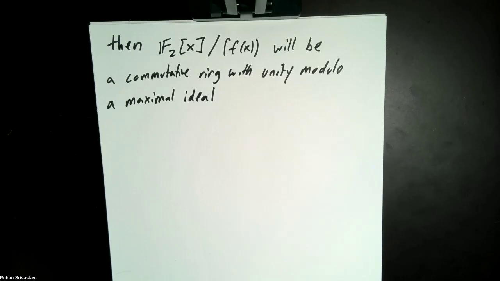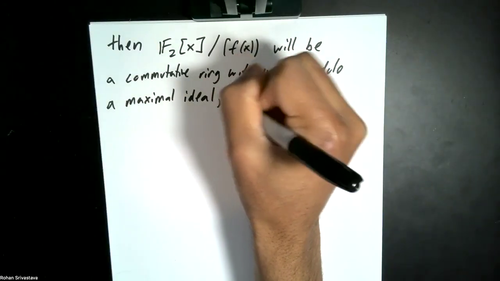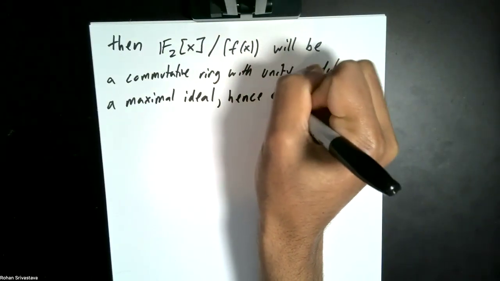So the ideal generated by f of x is a prime ideal. And then again, since it's in a PID, it'll be a maximal ideal. And a commutative ring with unity modulo a maximal ideal is a field. Hence a field.